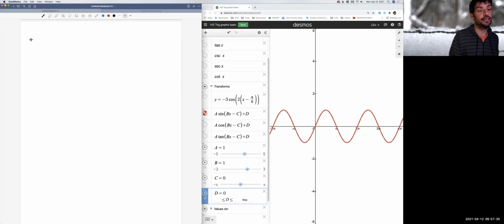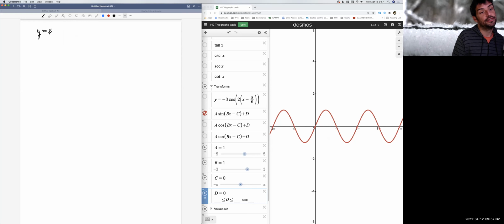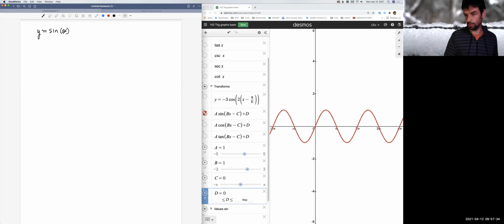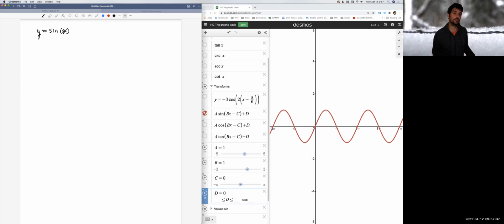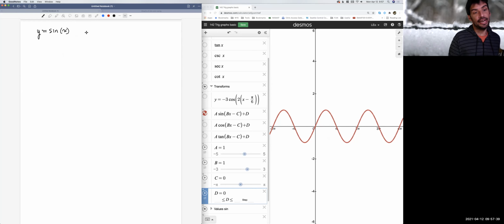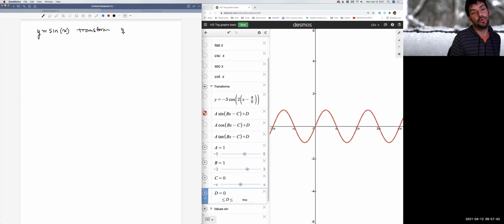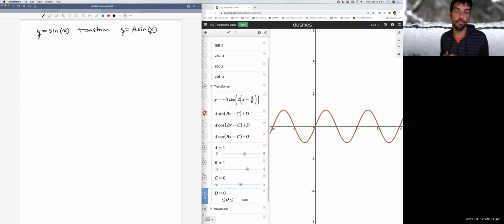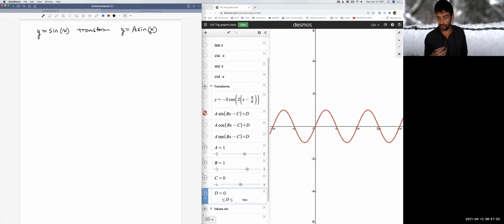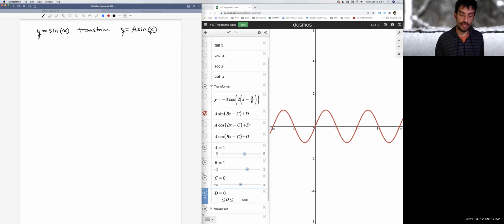So if we take y, I'm just going to do it in terms of sine. So we have one picture to look at, but the same things will apply for cosine. And if we transform y equals a sine of x. So we're multiplying the function by a value. It's pretty simple to think this one through.